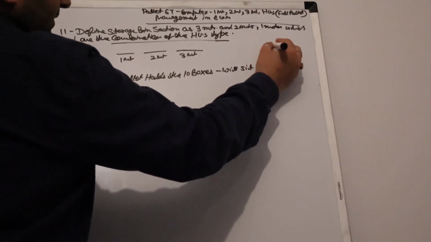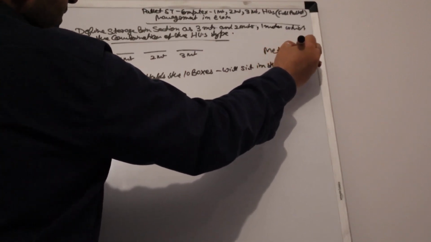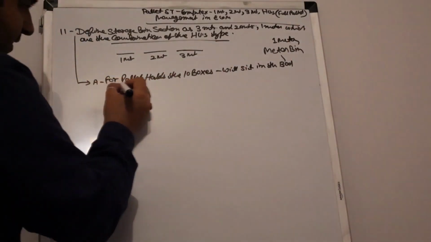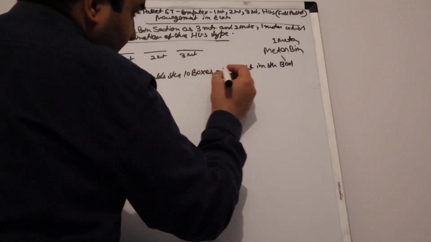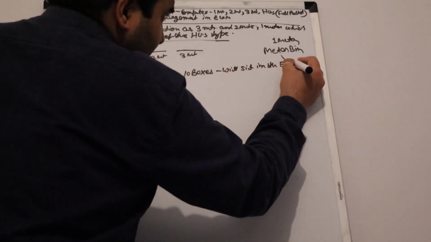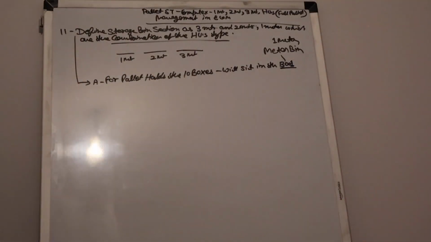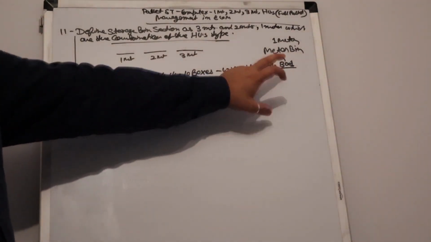Suppose this is a 1 meter bin. So the pallet which holds the 10 boxes, in my configuration, will sit in the bin which holds 1 meter. This is the storage bin and in the section 3.